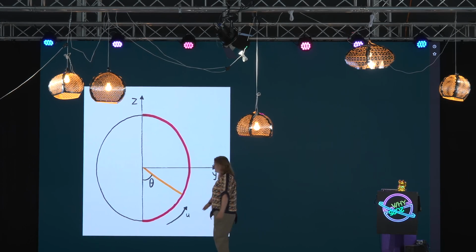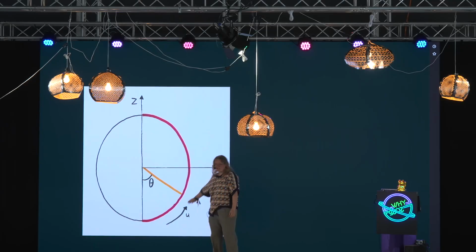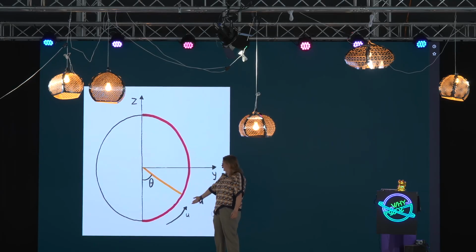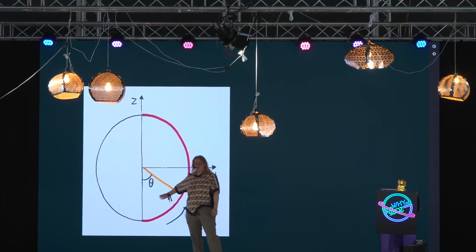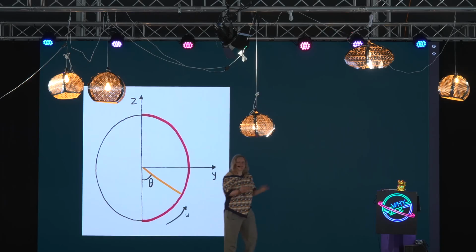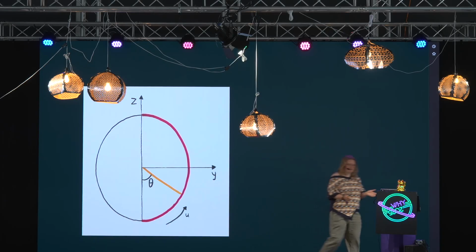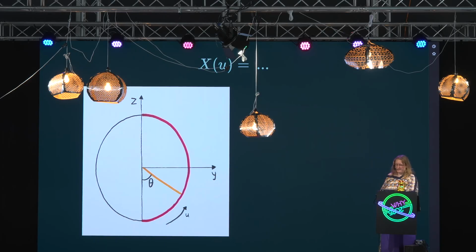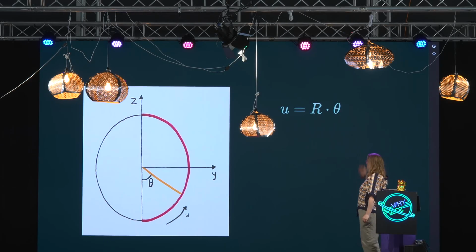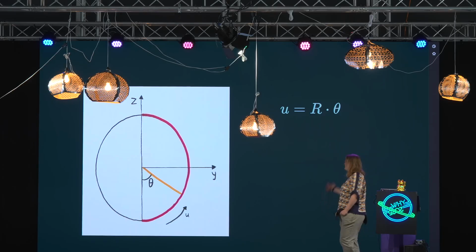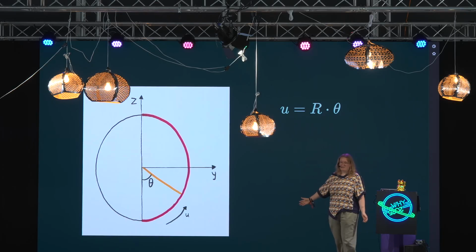So we can actually draw this u coordinate function, and you can see it's just along this curve. That means we can use theta to express u in terms of the 3D system. And it's not the most difficult part. It's just the angle times the radius.